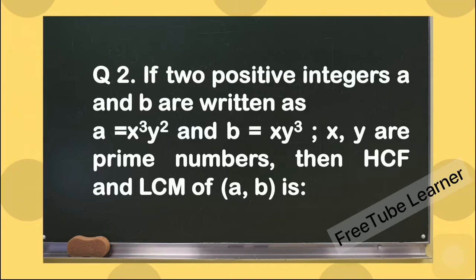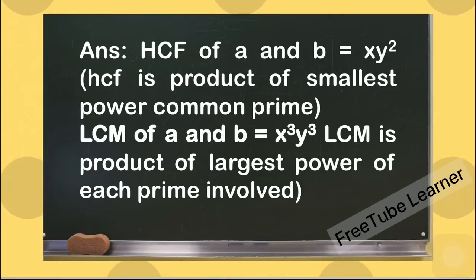Since x and y are prime numbers, a and b are written in the form of powers of primes. Therefore, HCF of a and b is equal to x y square and LCM of a and b equals x cube y cube.